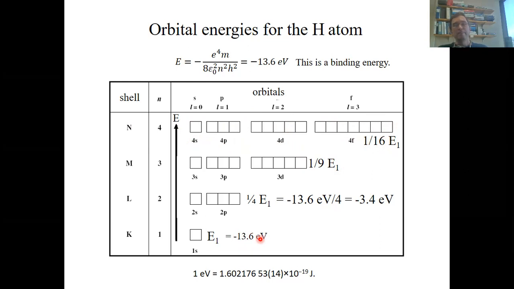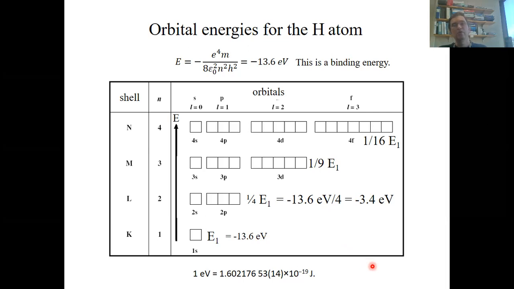So that means, and I'll just say this again, that in the hydrogen atom, all orbitals with the same quantum number n are degenerate, and the quantum numbers L and M have no effect on the orbital energies.